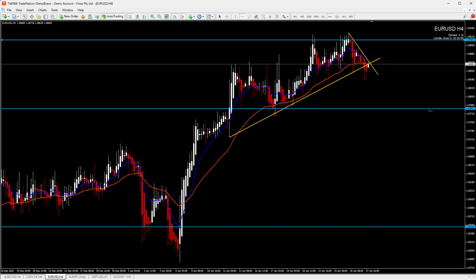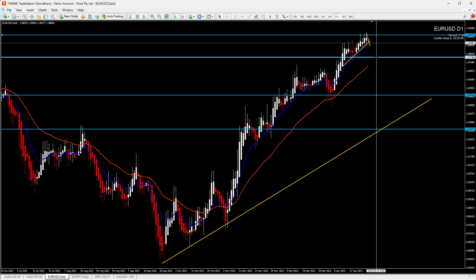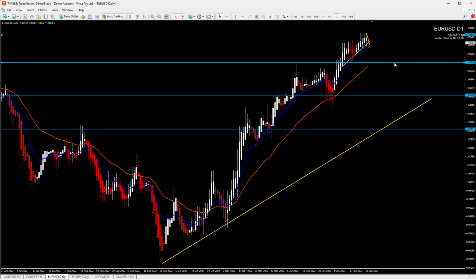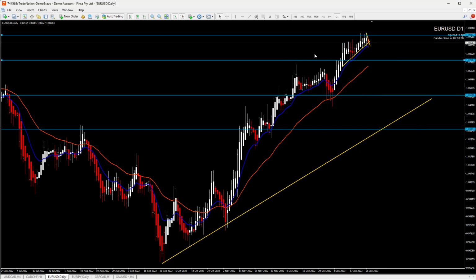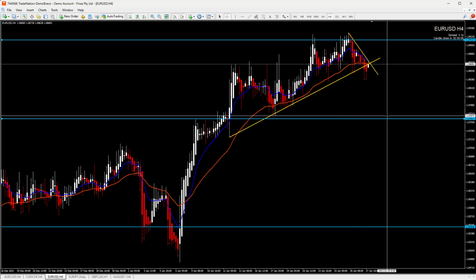This is our area of support, and this will be maybe with the 36 EMA later on. This even here, if you pay attention to the daily chart. So this is your goal if you trade against the main direction. If not, you wait for the retracement, and whenever price starts to go up, you buy.